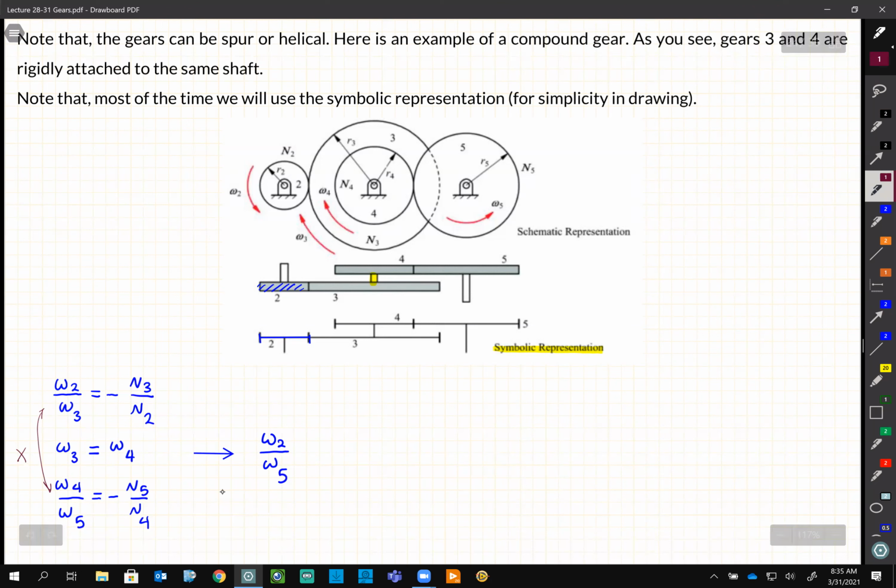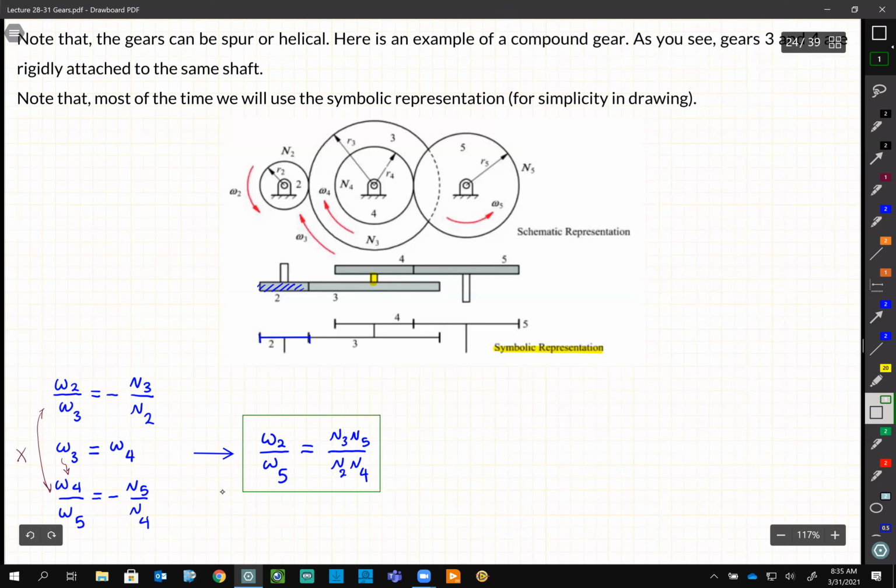If I replace omega-4 here by omega-3, then I can get rid of omega-3. So it will simply be N3 N5 over N2 N4, and then it's going to be positive. So the direction is the same.